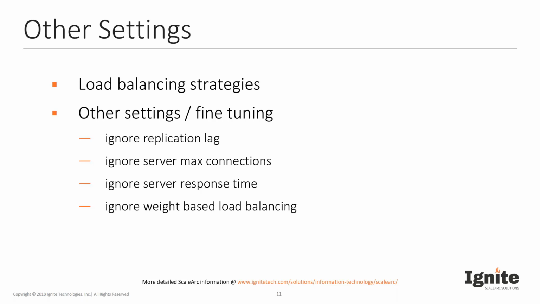All of those aspects are considered within load balancing, and basically what ScaleArc does is favor the nodes with low replication lag, very fast response times, and perhaps lower connection amounts, and then we can specify the weight of the servers if we want to. So those are the aspects that ScaleArc takes into equation.